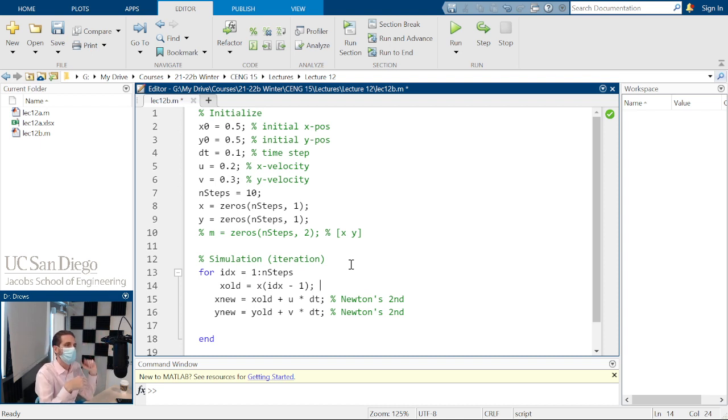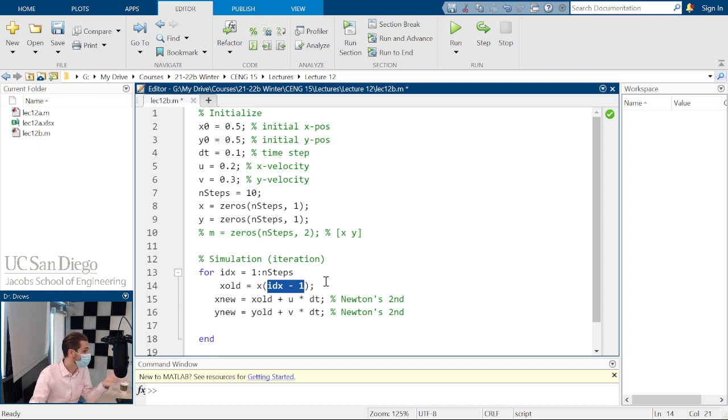Go 1 right before that. And so when I say idx minus 1, what problem does that present with our for loop? If I were to leave the for loop the way that it is right now, there's a problem with idx minus 1. Can anybody spot it?